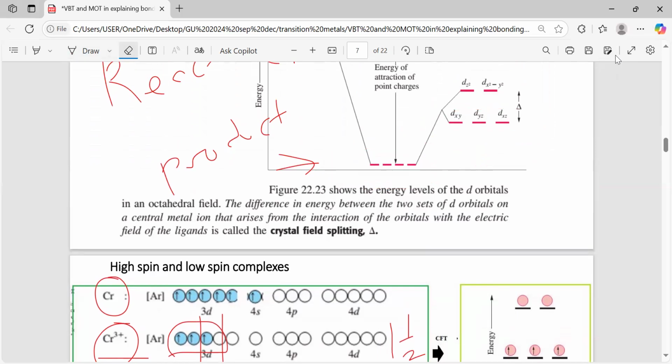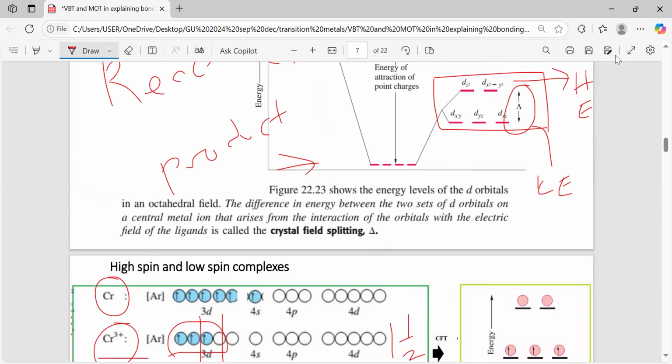So the split is simply what we are seeing here, the energy difference between those two types of orbitals, the high energy orbitals and the low energy orbitals. And this energy difference is called the crystal field splitting. So it's the difference in the energy between the two sets of d orbitals on a central metal ion that arises from the interaction of orbitals with the charge or electric field of the ligands.